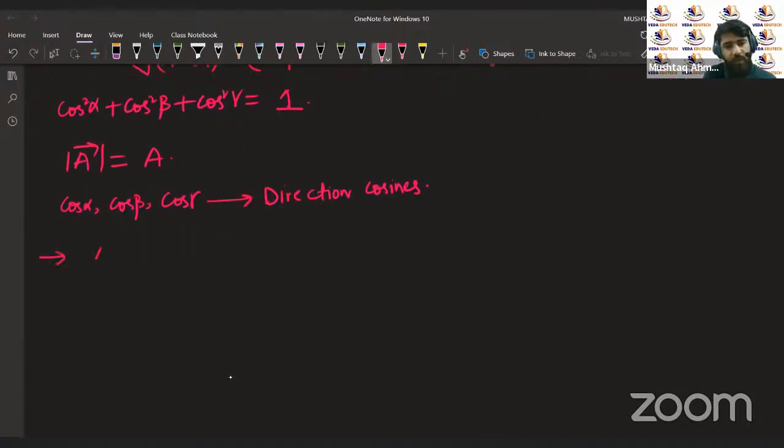We can represent a vector A like mod of A multiplied with the unit vector along the direction of A.